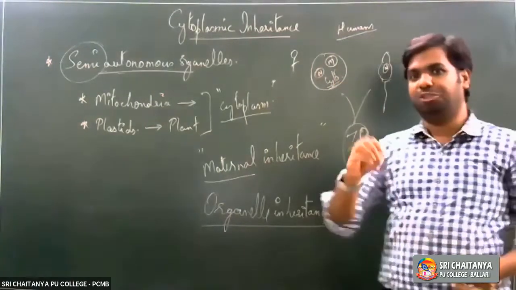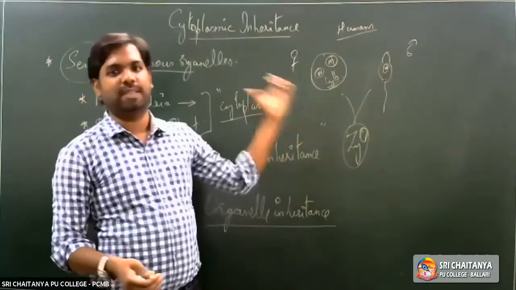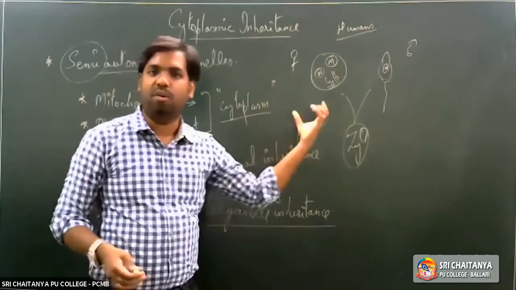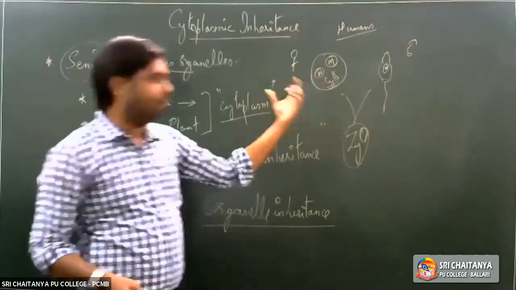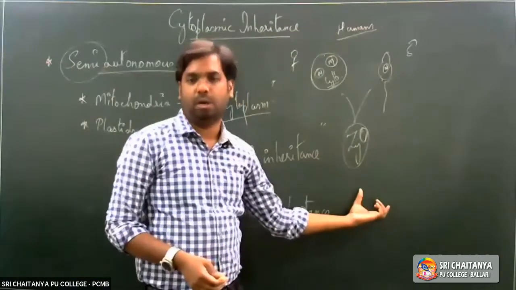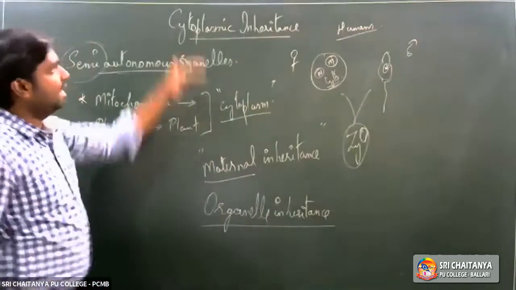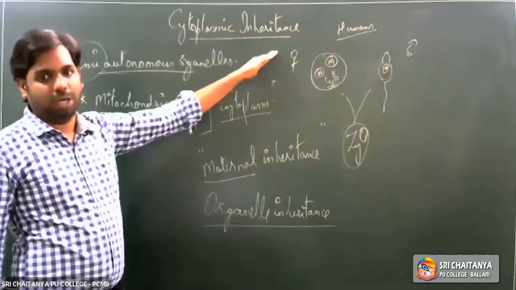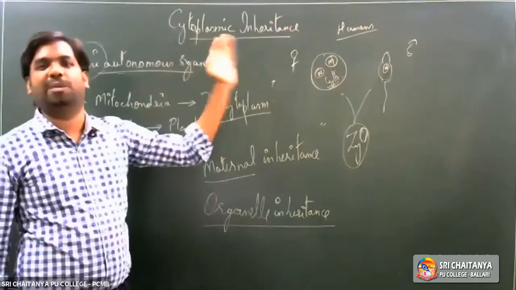So say suppose a gene A is present in the mitochondrial genome. Now the same gene A from the mitochondrial genome, if it is present in the mother, would actually be seen even in the child, in the offspring also. Such type of inheritance, we start calling cytoplasmic inheritance, because the cellular organelles present in the cytoplasm are the ones which are actually being inherited.